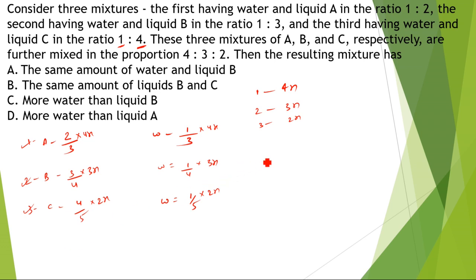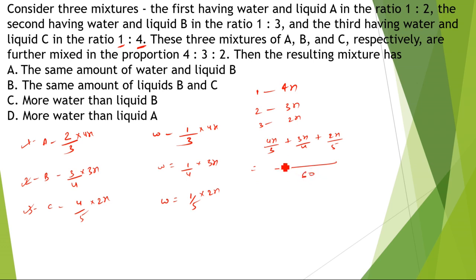So total water in the mixture, after mixing mixture 1, 2, 3, the total quantity of water is 4x by 3 plus 3x by 4 plus 2x by 5. Its LCM is 60.